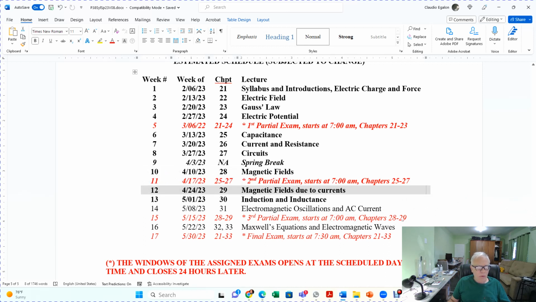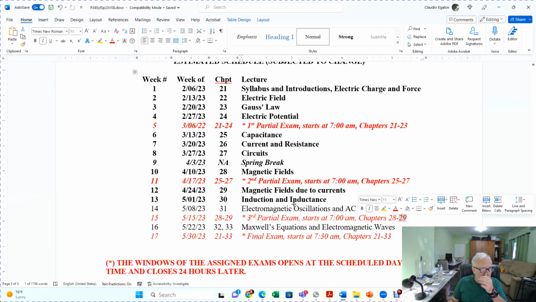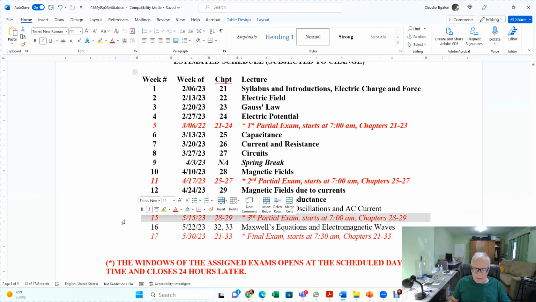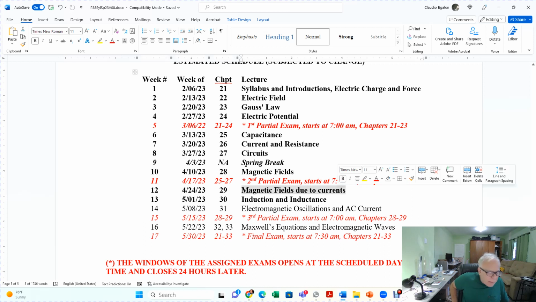Originally we had chapter 30 here, magnetic field due to current. Don't forget that the exam is next week. I'm going to finish on the chapter on magnetic fields, so we're a little bit behind here.